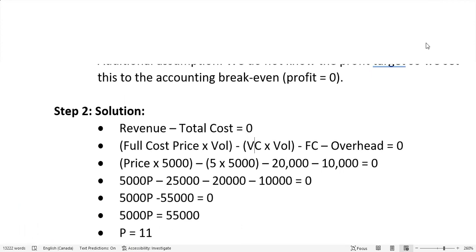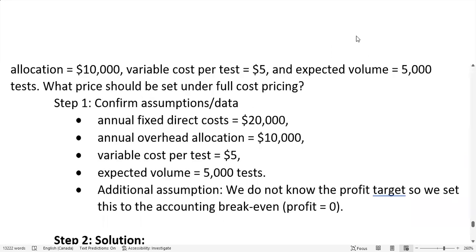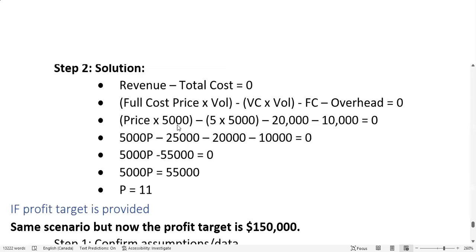And then we subtract the total variable cost, and we also subtract the fixed cost, or FC, in this representation. With full cost pricing, you also have to deduct overhead, right? So remember the data from the top. When you write the formula out, let's just shorten full cost price to just price.